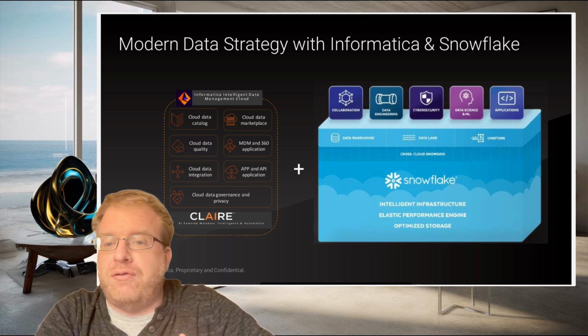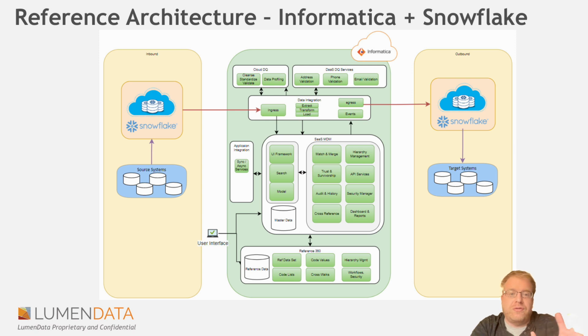And so when we think about Informatica and Snowflake, there's two different places where they really work. First, we need to land the data in Snowflake in its rawest form so that we have a single source of truth.